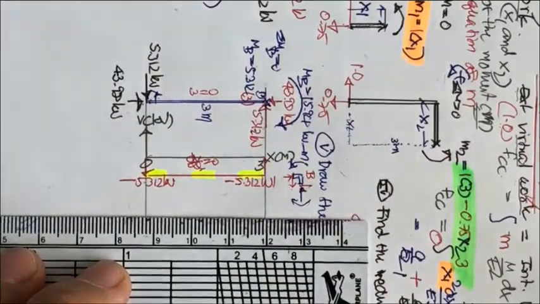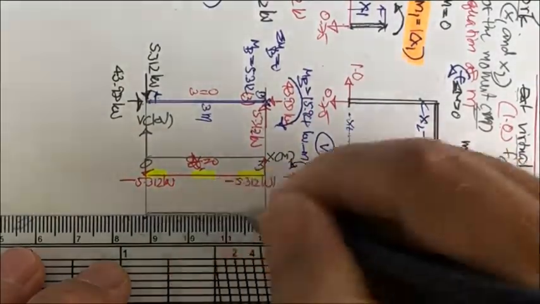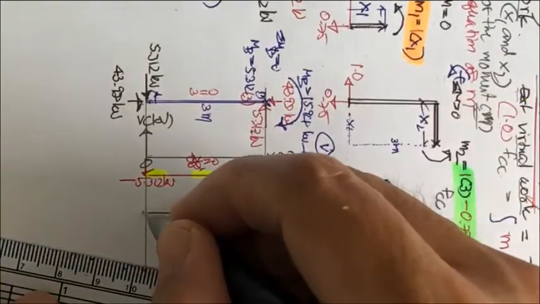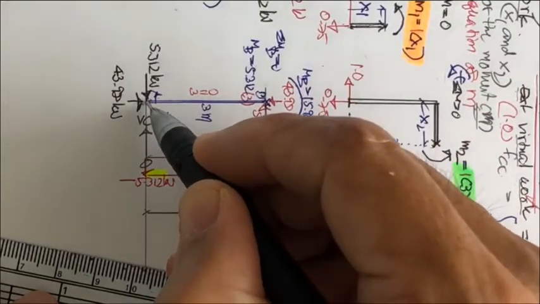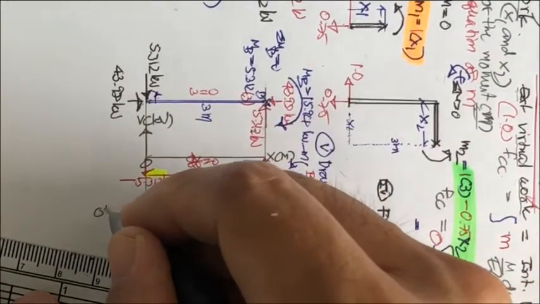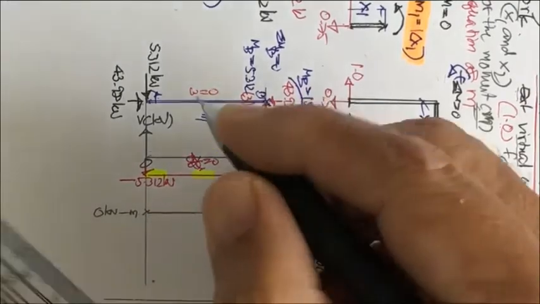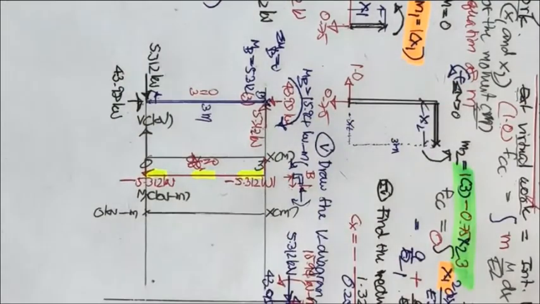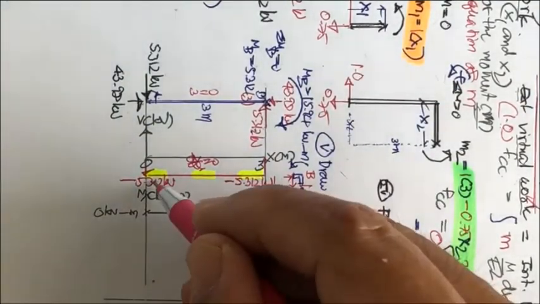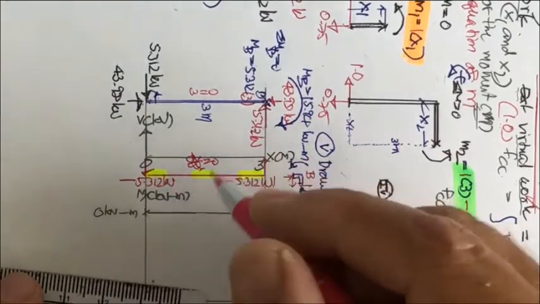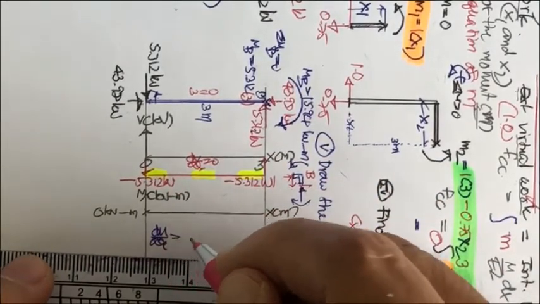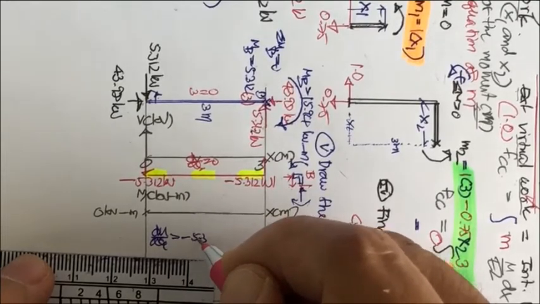And for the moment, you have this one again. This one is X meter. And this one, the A, since there is no external moment, this is going to be 0 kilonewton meter. And if you prefer, this is going to be M kilonewton meter. What we have is the shear is minus 5.312, so the dM by dx is going to be minus 5.312.